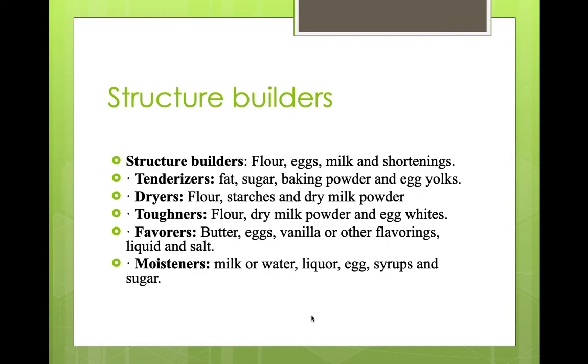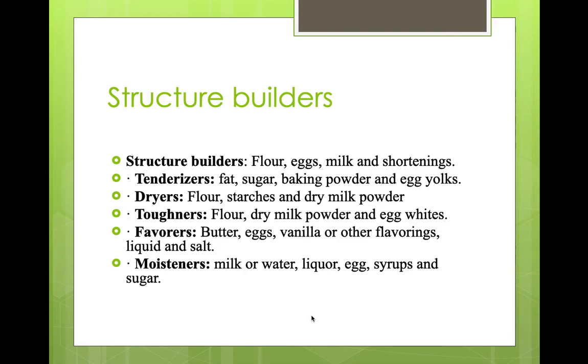Milk and shortening are combined with flour and eggs to give the structure. Second are the tenderizing agents, which include fat, sugar, baking powder, and the egg yolks. Another ingredient group is the dryers, which include flours, starches and dry milk powders.